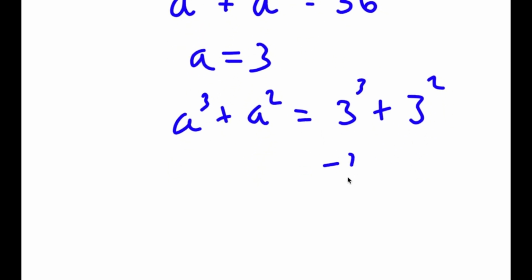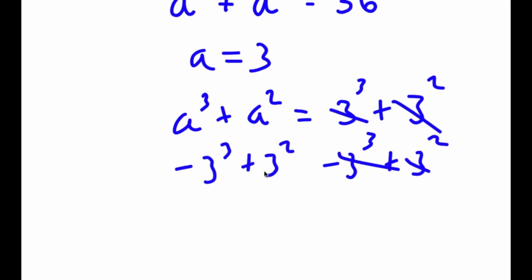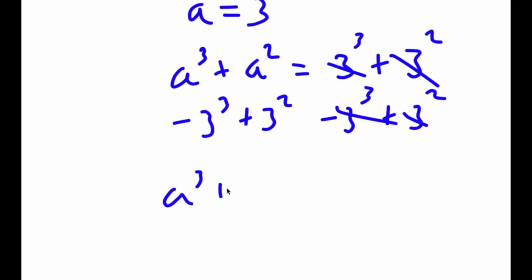So now I'm going to subtract 3 to the power of 3 plus 3 squared on both sides. So these two cancel out. I get a to the power of 3 plus a squared minus 3 to the power of 3 minus 3 squared is equal to 0.